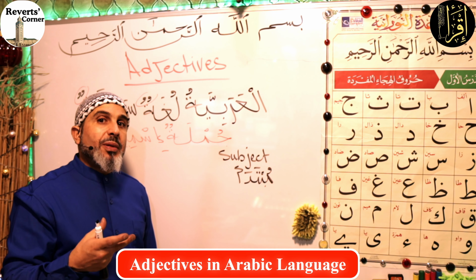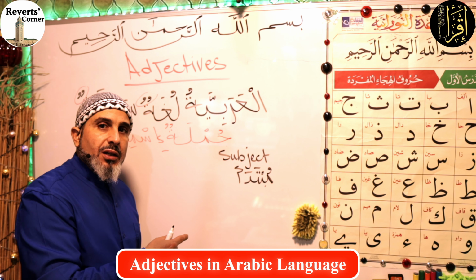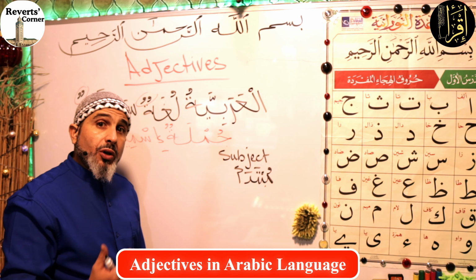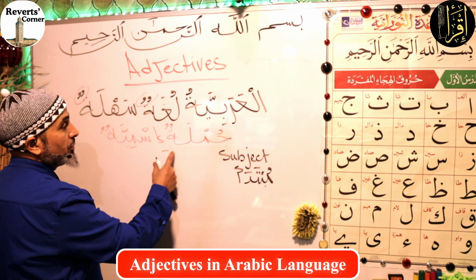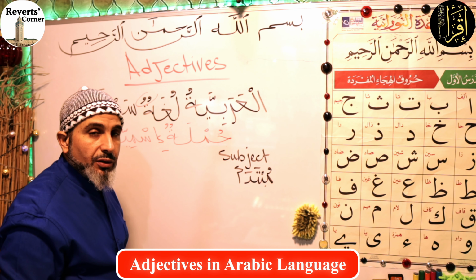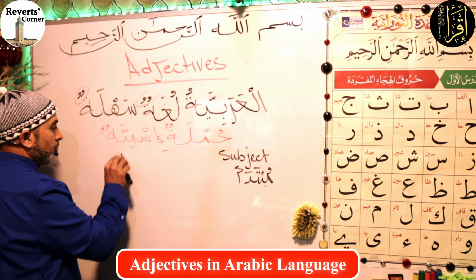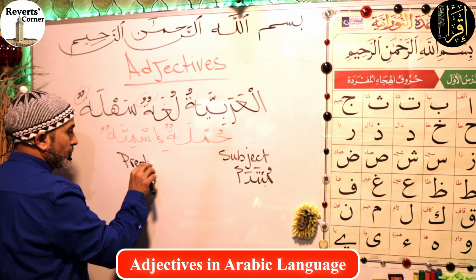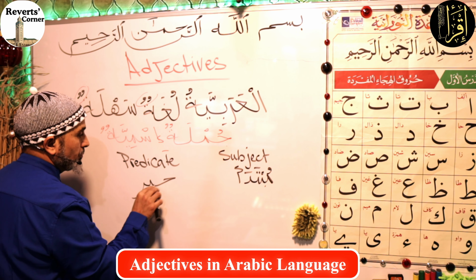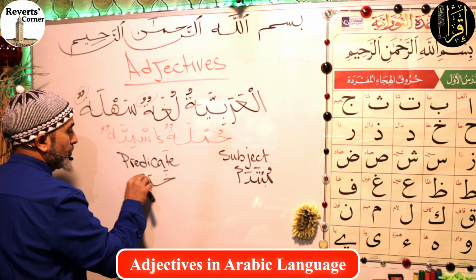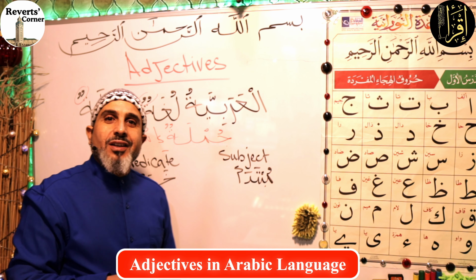It comes from the word bada'a, which means to start. This mubtada can be either a noun or a pronoun. And also, jumla ismiya also comes with predicate, called in Arabic khabar. Khabar is a news, basically.